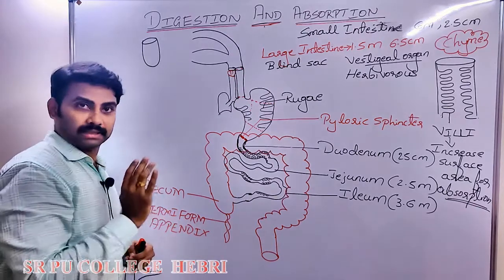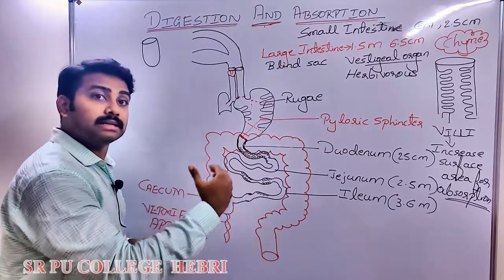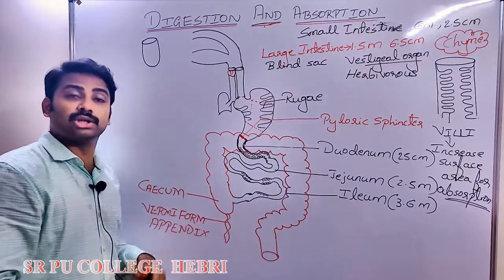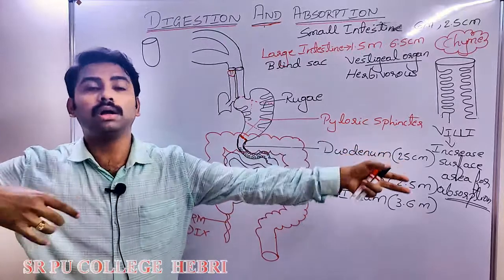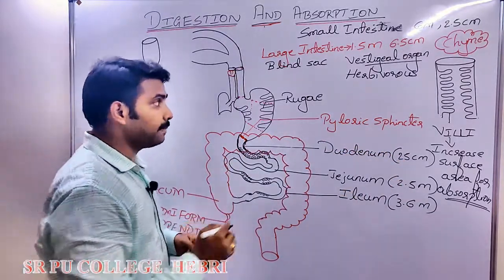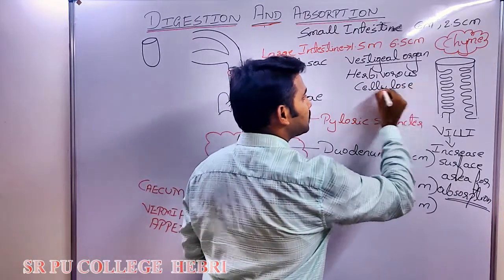In these animals, cattle, goat, sheep, camel, in such herbivorous mammals, the same two structures are very long. They are very, very well developed, where the same structures help in what?